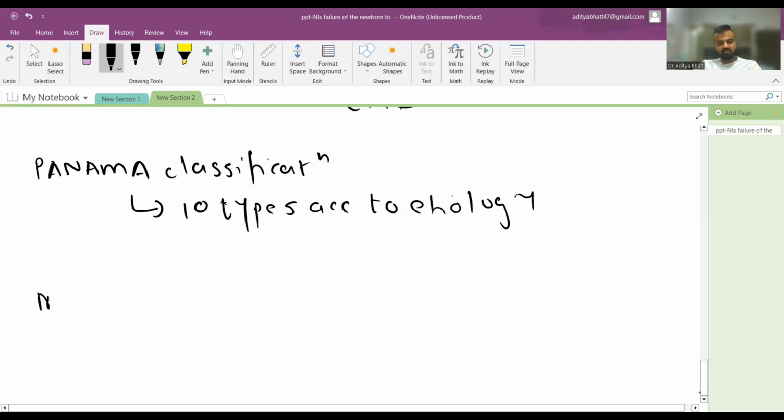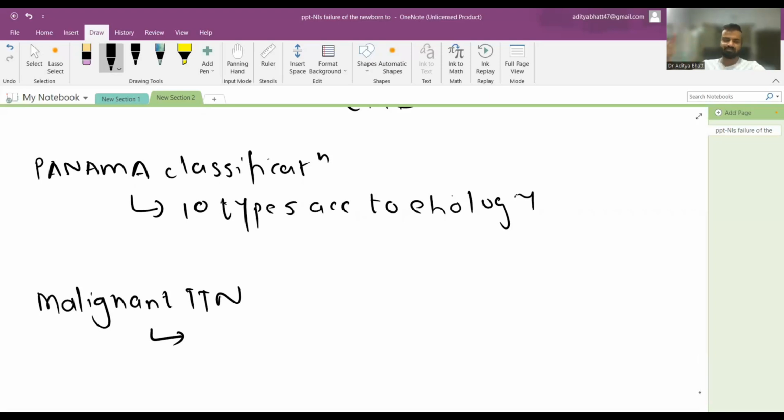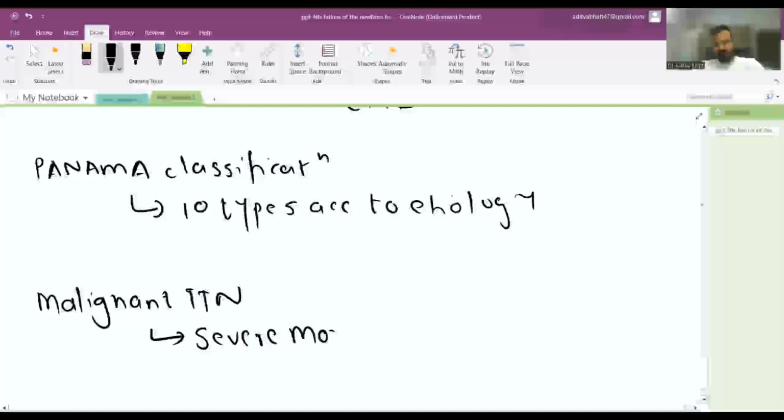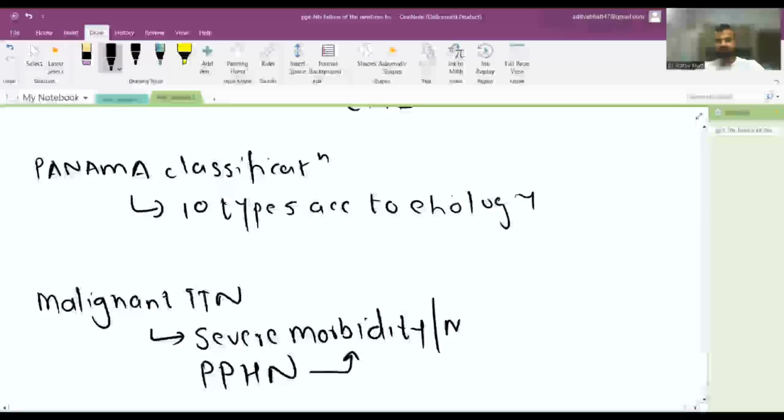Now, there is another manifestation which is known as malignant TTN. What is TTN? Transient tachypnea of the newborn is due to persistence of lung fluid after a cesarean section in a full-term male child. What happens in malignant TTN is there is severe morbidity. Again, here the lung fluid fails to get absorbed, but this lung fluid will lead to PPHN, and it will cause severe morbidity and mortality.